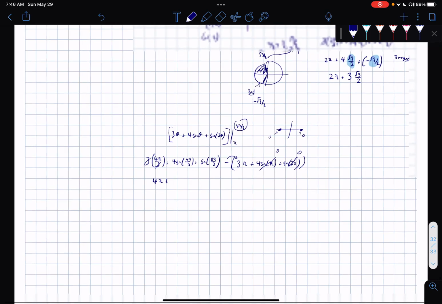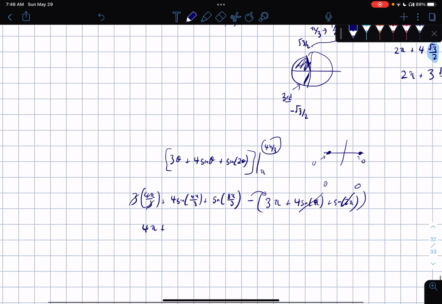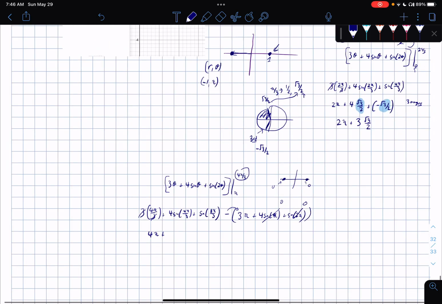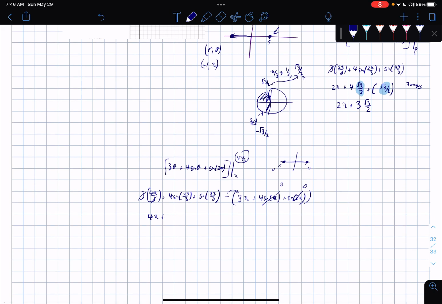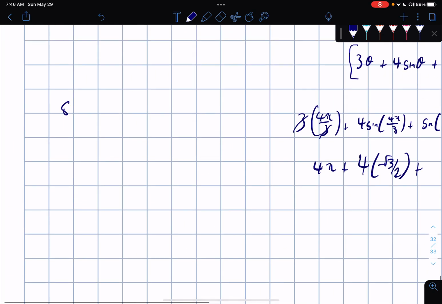But first, let's do 4 pi over 3. So we said that at 4 pi over 3, which is here, sine should be negative. And here we have 8 pi over 3, so notice that 8 pi over 3 is bigger than 2 pi.